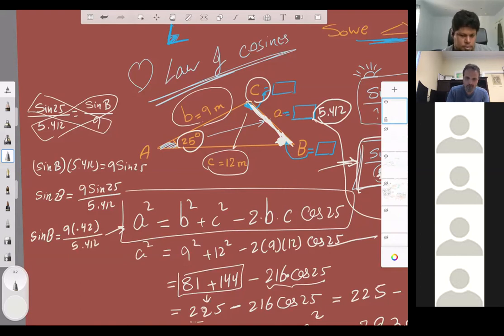So 9 multiplied by 0.42 equals 3.78, divided by 5.412. This gives me 0.70. So what is b? Sine of b equals 0.70. What is b?